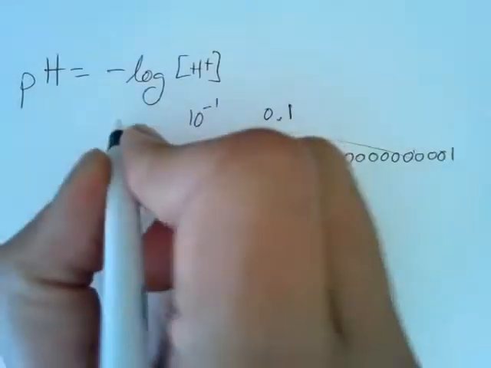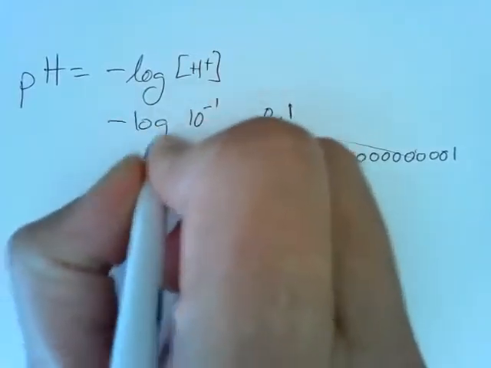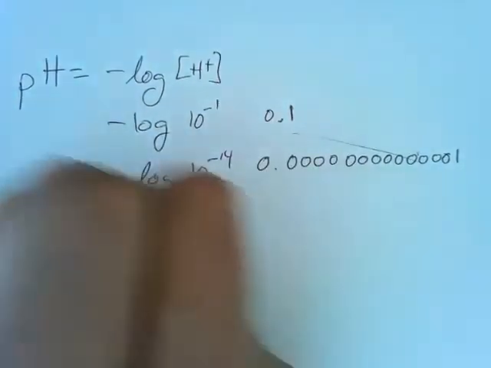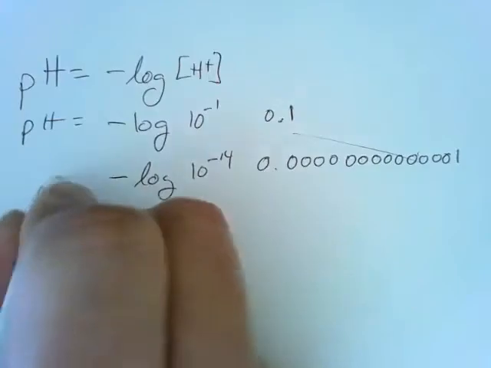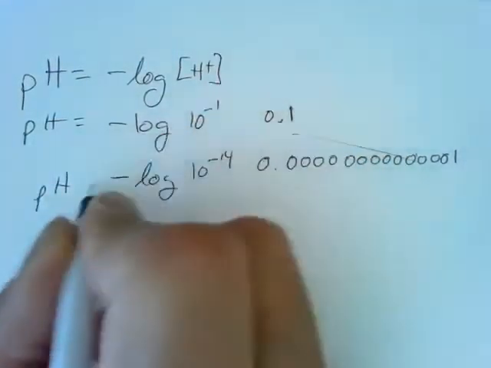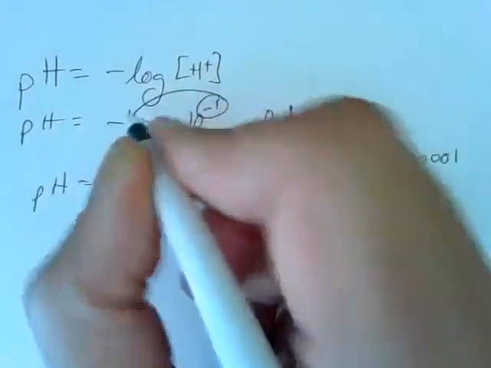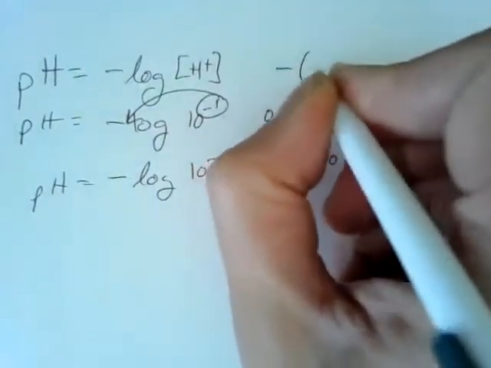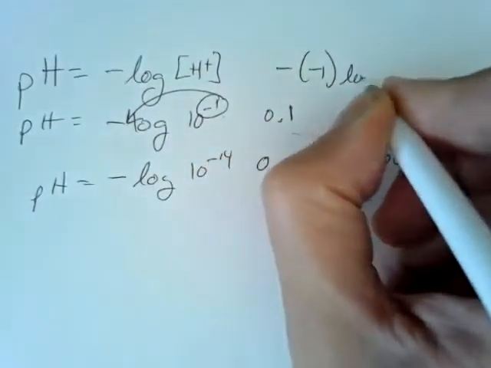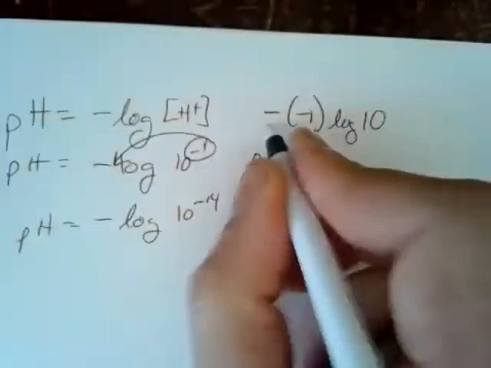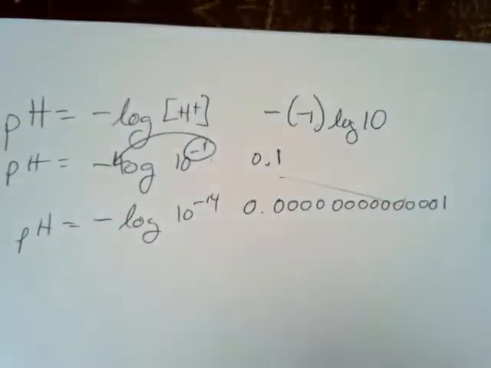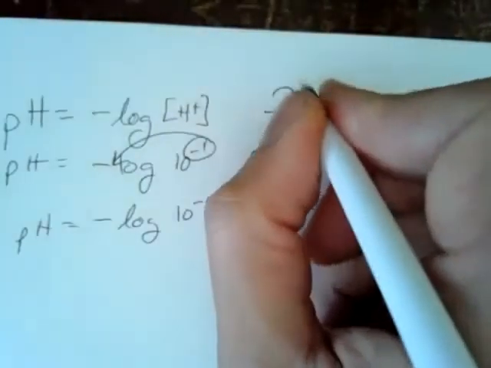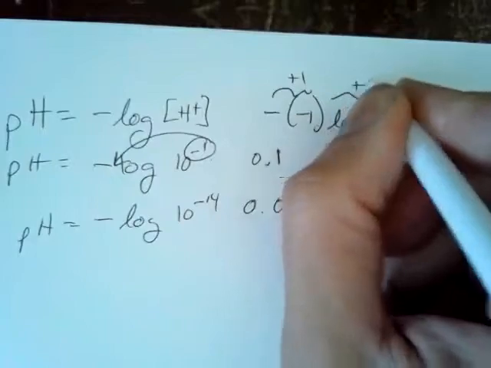On a pH scale, though, when we apply this definition, minus the log of that number, the exponent comes down. So in this case, we'd get minus 1 times the log of 10. Well, minus 1 is just 1. So this becomes a plus 1, and the log of 10 is plus 1.